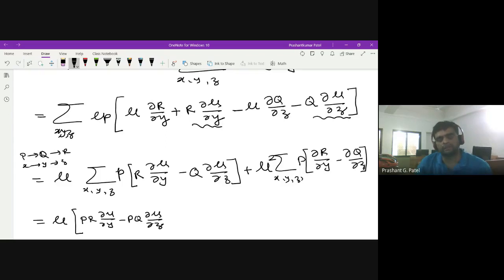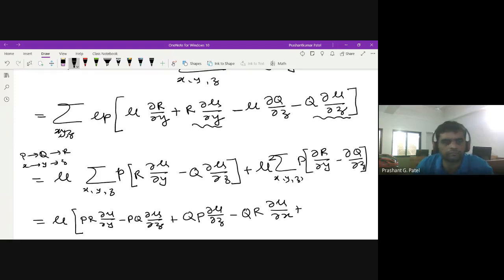That is the first bracket. Plus the second bracket: wherever P is there, we replace it with Q. So it is QP ∂μ/∂z, minus Q R ∂μ/∂x, because Z is replaced by X.